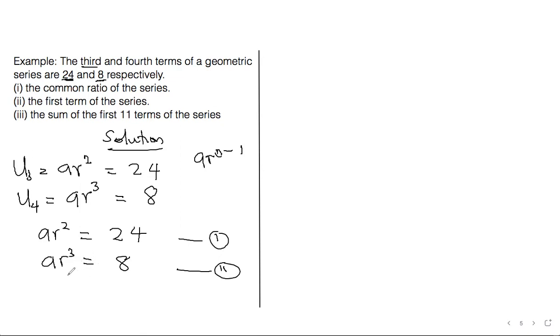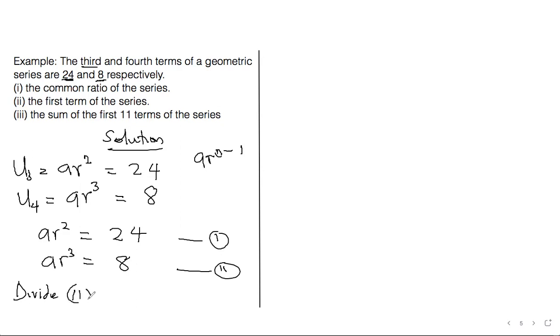Remember, for AP, when we derive the equations for the different terms, we solve them simultaneously. But here, what we can do is divide one by the other. Because r has a higher power in equation 2, I want to divide equation 2 by 1.